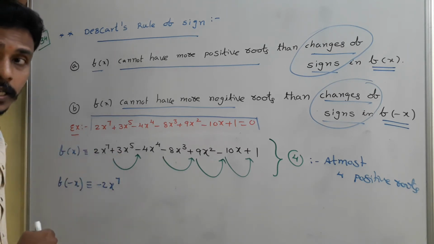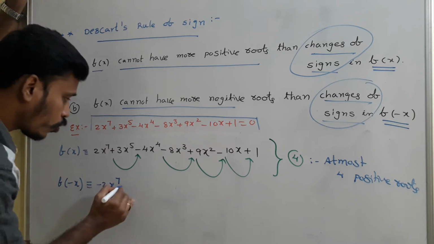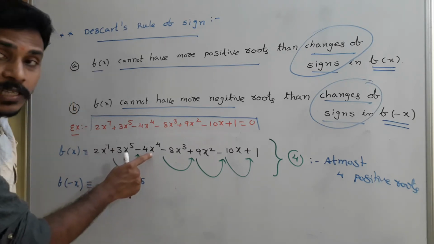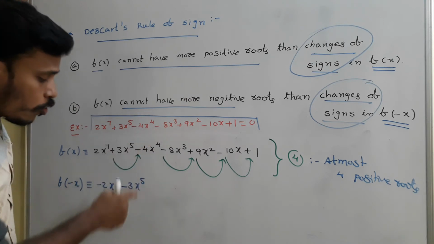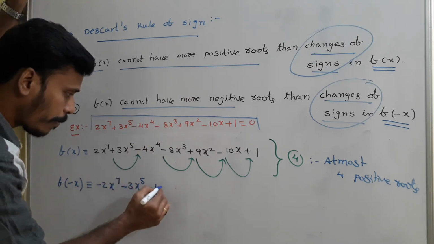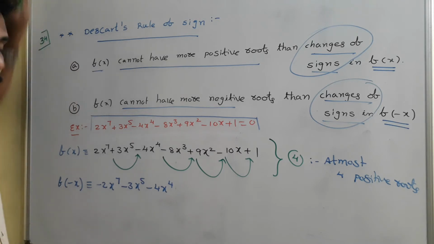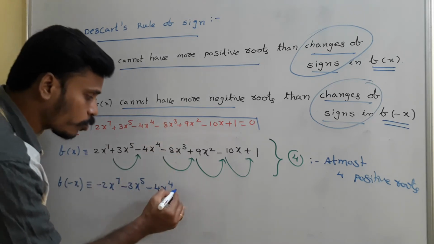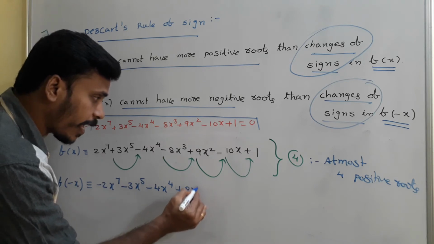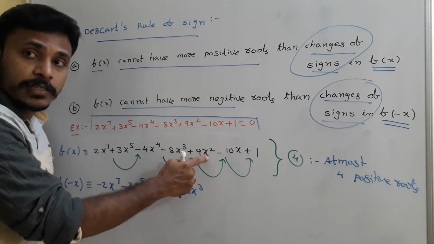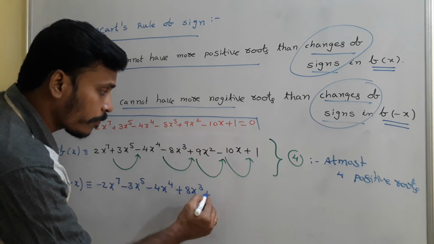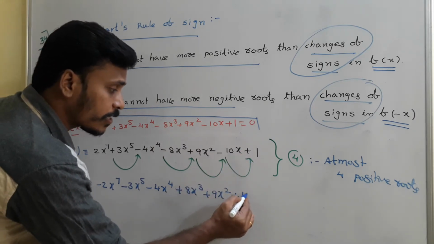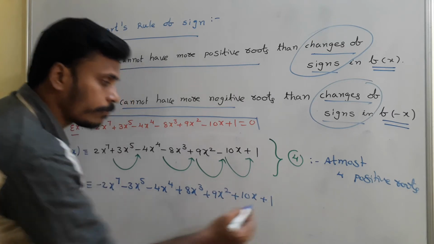Power 5 is odd, so minus 3 x power 5. Power 4 is even, so same sign, minus 4 x power 4. Replace x with minus x whole cube, minus of minus is plus 8x cube. Minus x whole square is x square, plus 9x square. Then plus 10x, plus 1.